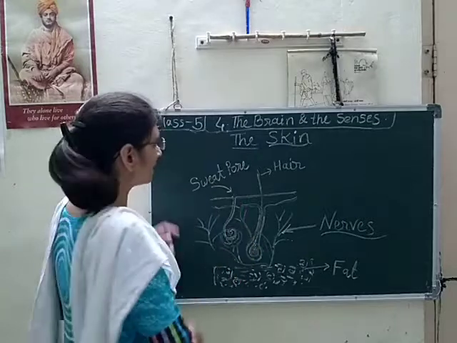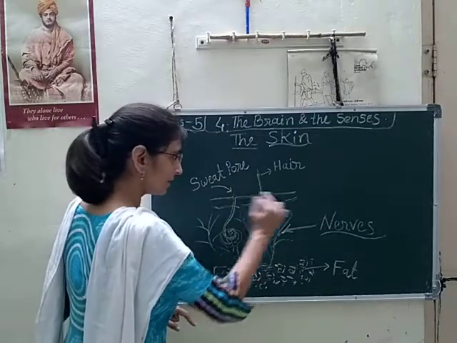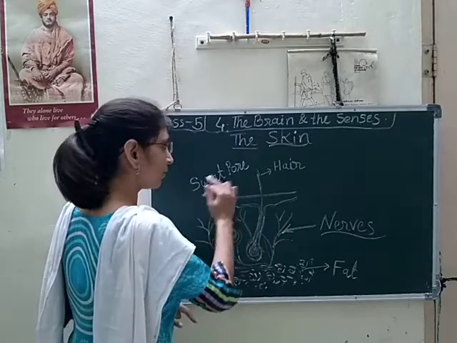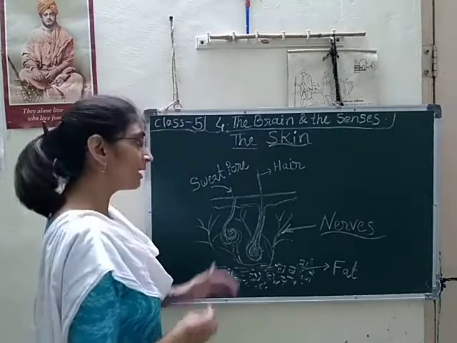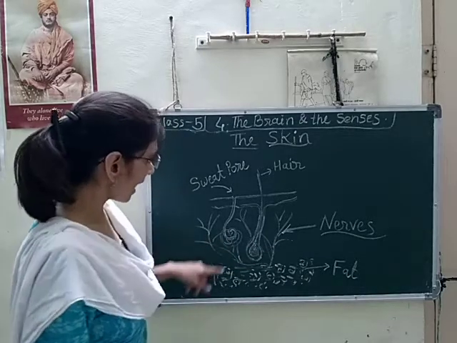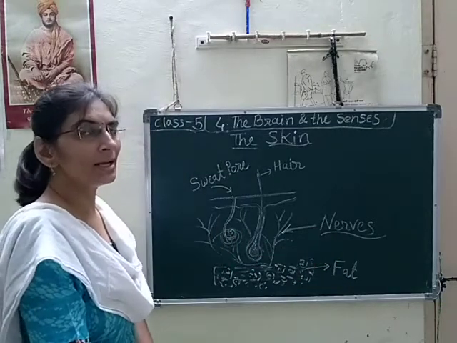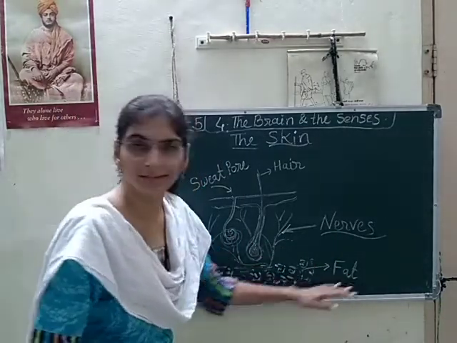Then we are seeing the structure of the skin, inside the skin. The first layer is the pores layer. Through those pores, sweat comes out of the body. Then hair roots are present. Then nerves are present. And below that, at the bottom of our skin, what is present? Fats are present.